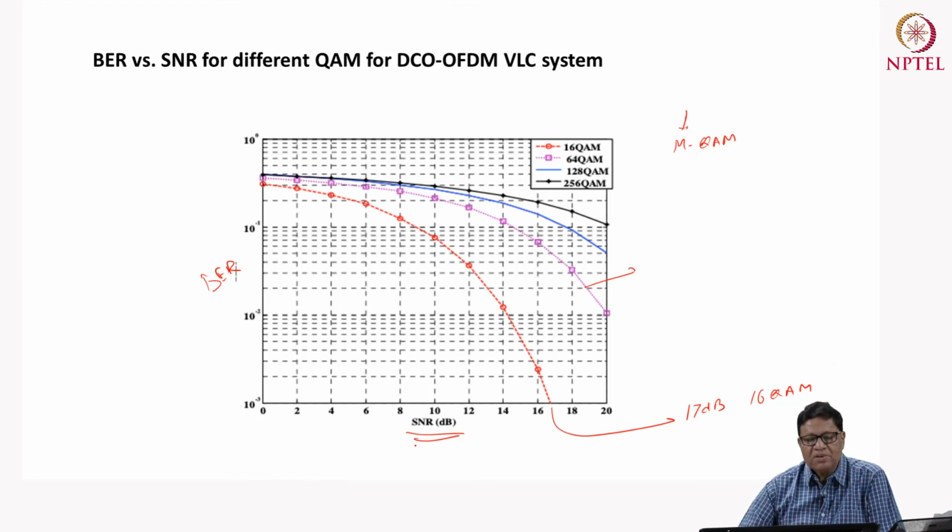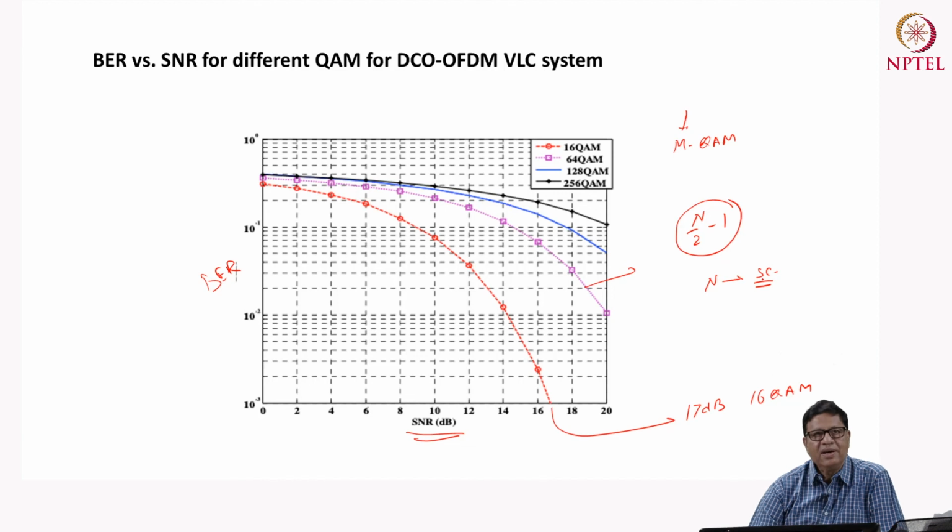So this is about the DCO-OFDM, and then we will also study another technique, which is the ACO-OFDM. Also notice that in DCO-OFDM, the data carrying subcarriers are N/2 minus 1. Actually, I have a total of N subcarriers, but the data is only carried on N/2 minus 1 subcarriers.